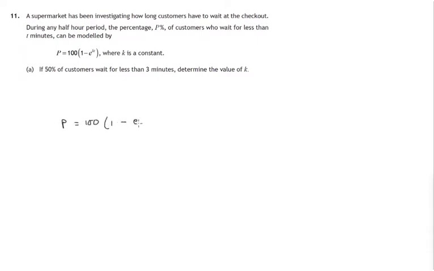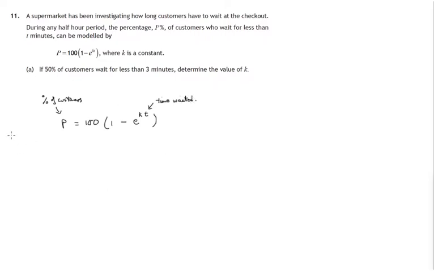There's the number e raised to the power k times t. And the explanation says this is the percentage of customers, and t is the time waited, waiting time.